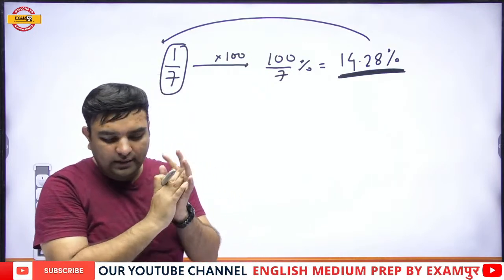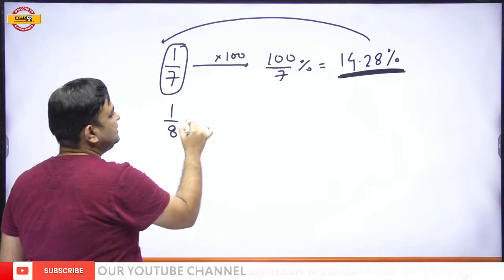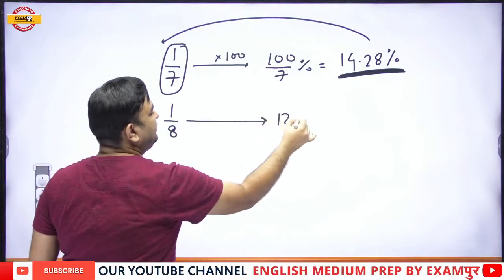Now I will be writing a bit fast. 1 by 8 is 12.5%.